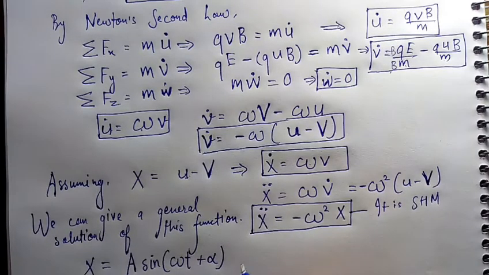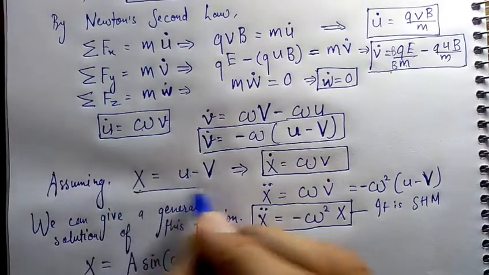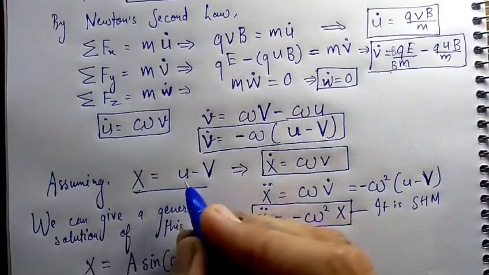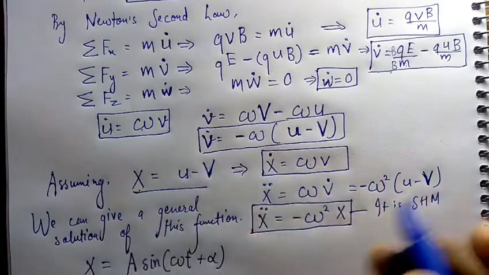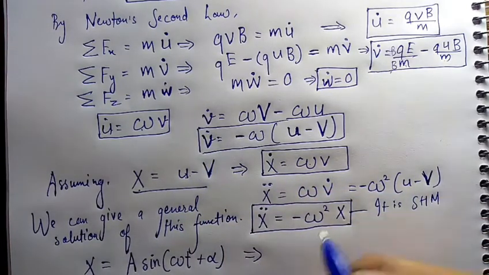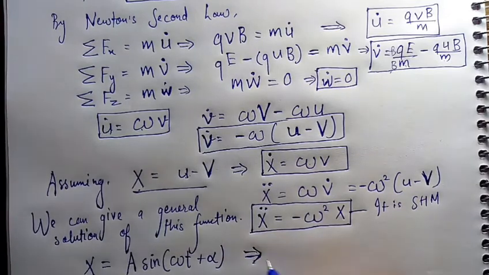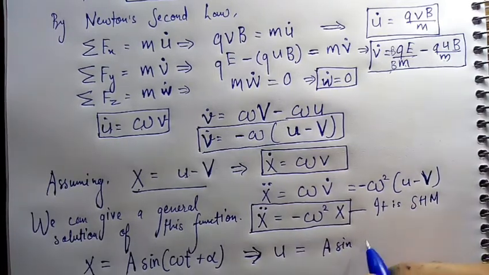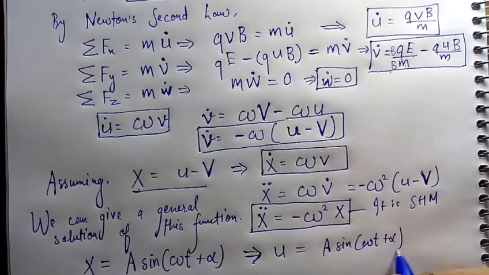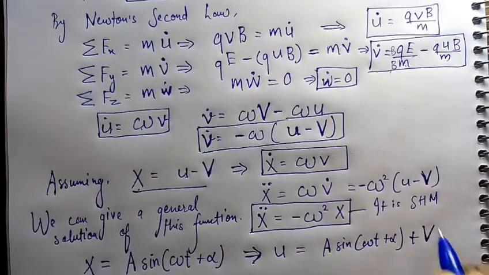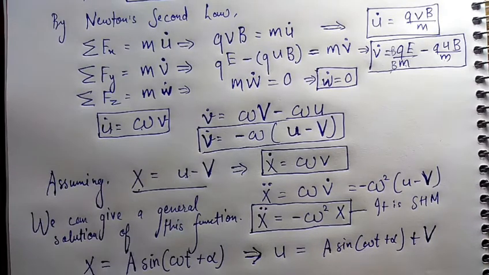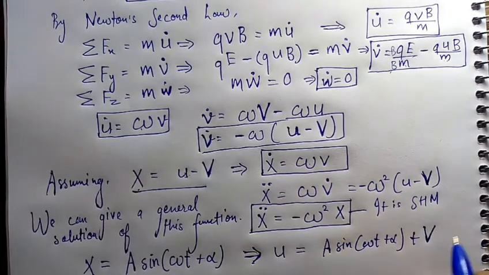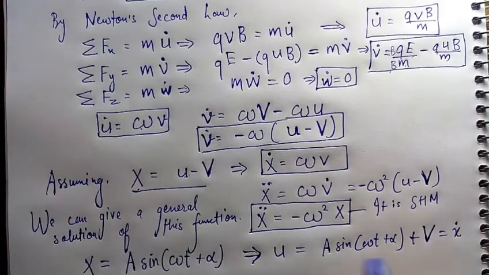We have seen here x dot equals small u minus capital V. Small u is the component of speed in x direction, so why not we just write u equals a sine of omega t plus alpha plus capital V. We have got something amazing, and u is nothing but the time derivative of the x coordinate of a particle.